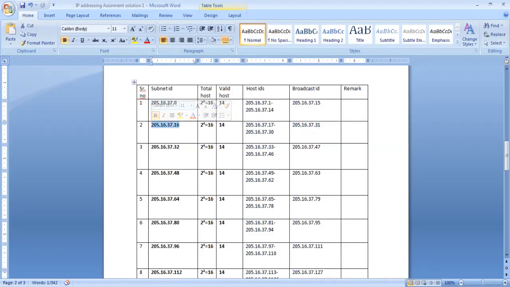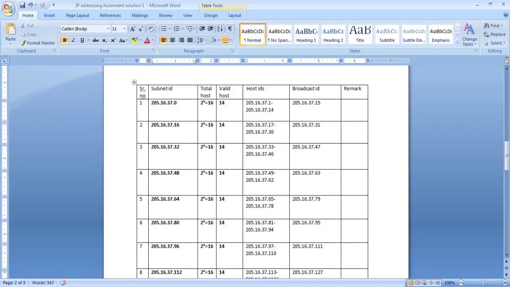In this pattern, now the third one, 205.16.37.32, is my third subnet. The total number of valid computers is 14. So we start with 33. 33 will be my first host, and 46 will be the last unicast address, and 47 will be the broadcast address for this subnet.